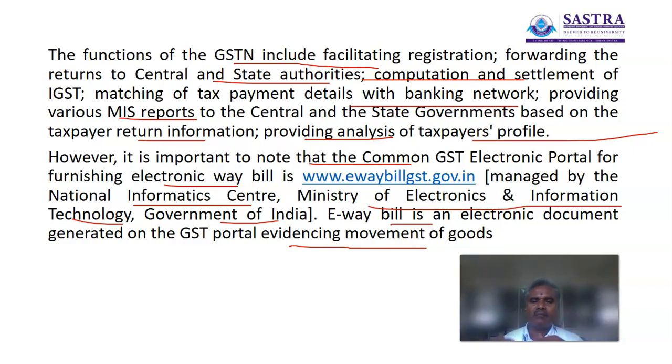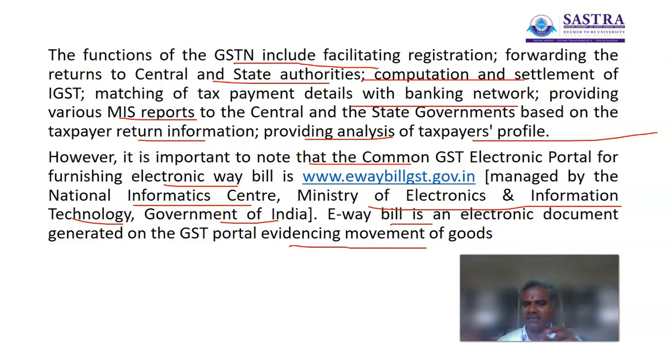The bill shows how much CGST we collected and how much CGST we paid at the time of purchase. This is called ITC. How much SGST we collected and paid, how much IGST we collected so far and paid. Everything is available.